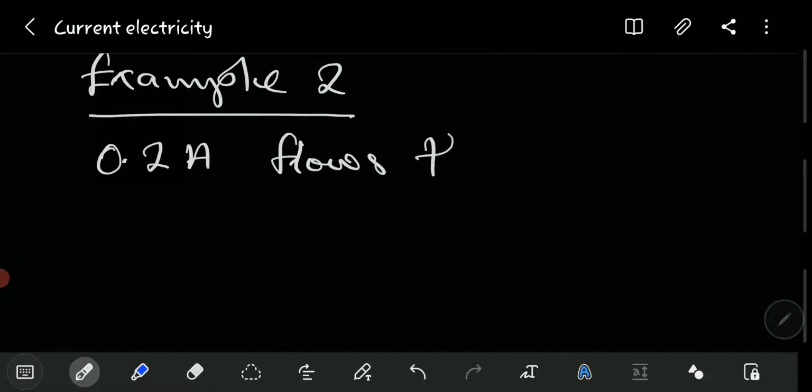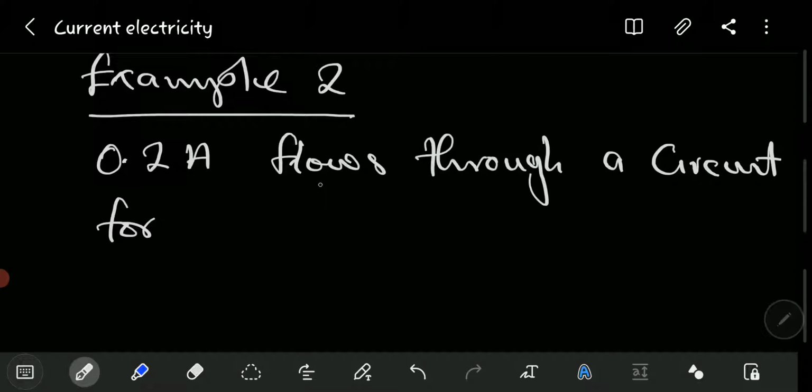So example number 2 will be basically: 0.2 amperes flows through a circuit for 5 seconds.